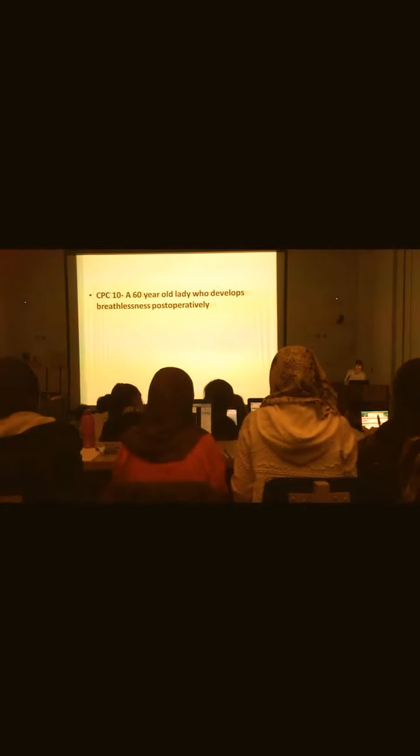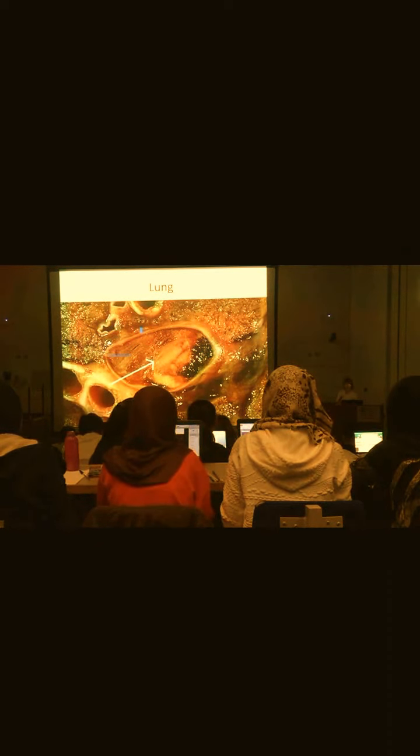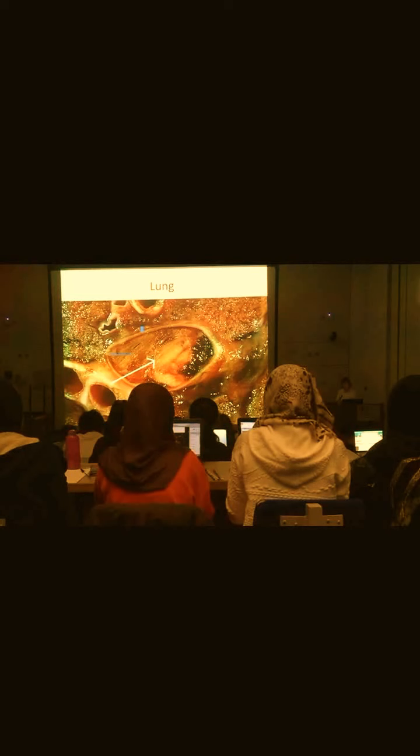A 60-year-old lady develops breathlessness post-operatively. There's the image. What's the cause? Go back to the history. She's post-op and she's breathless. Pulmonary embolus. Okay. Where is the embolus? Pulmonary artery, pulmonary vein, bronchus?